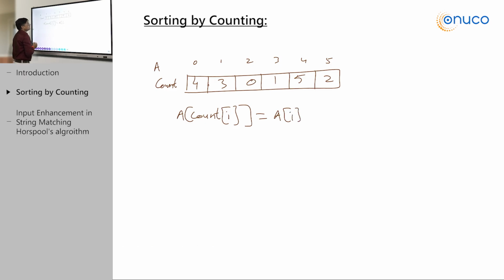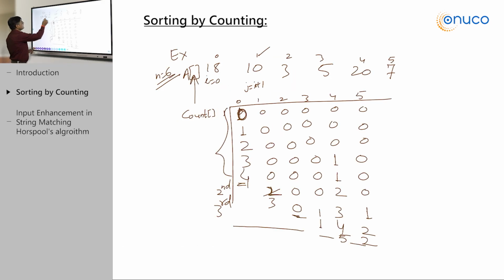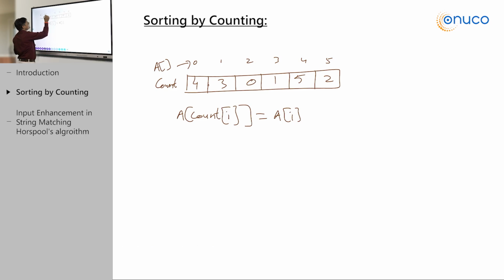Let us see that. Try to understand it. A of I is nothing but these values. What is the value of A of 0 in the previous iteration? I have to rewrite it: 18, 3, 10, 5, 27.